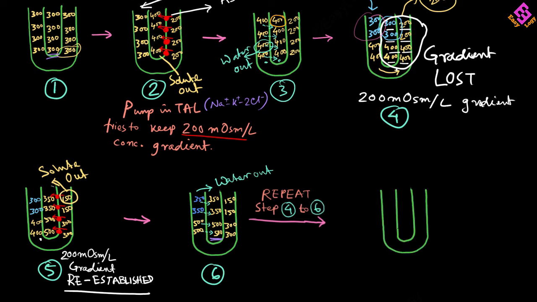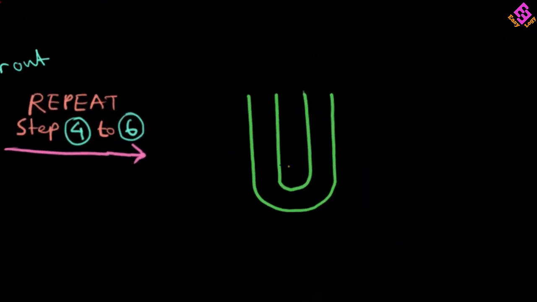Now we get final osmolarity like this. At the tip about 1200, next 800, 500, 300, maintaining 200 milliosmolar gap.